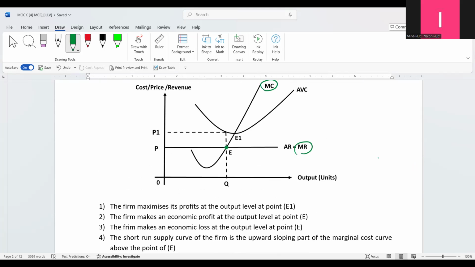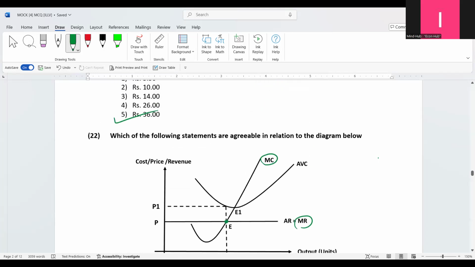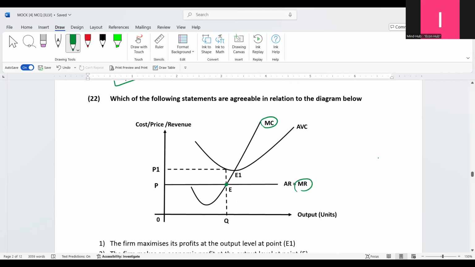No, because AVC is given. This is average variable cost, so their average total cost will be even higher. Are we clear? The average total cost will be somewhere here. This will be ATC.